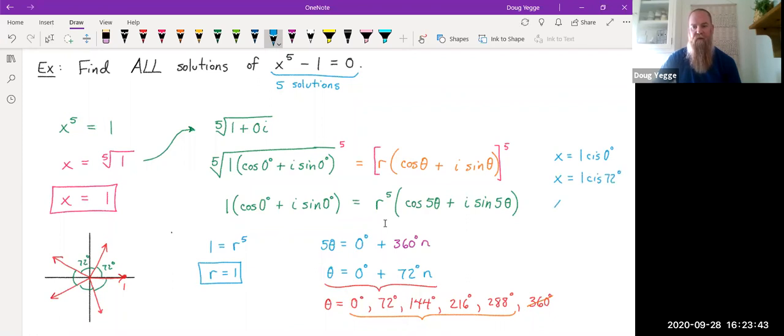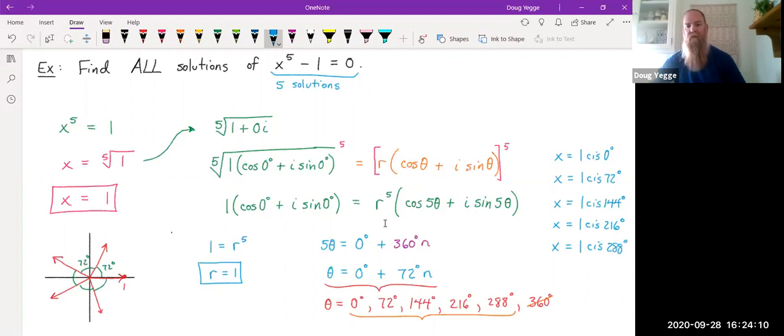The next solution, since there are 5, should be 1 cis of 144 degrees. The next solution should be 1 times cis of 216 degrees. And finally, the last of the fifth roots is going to be 1 cis of 288 degrees.